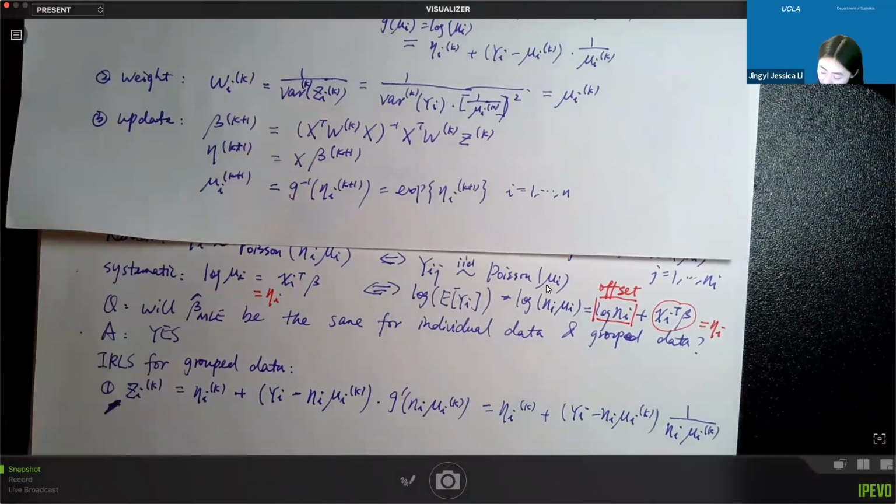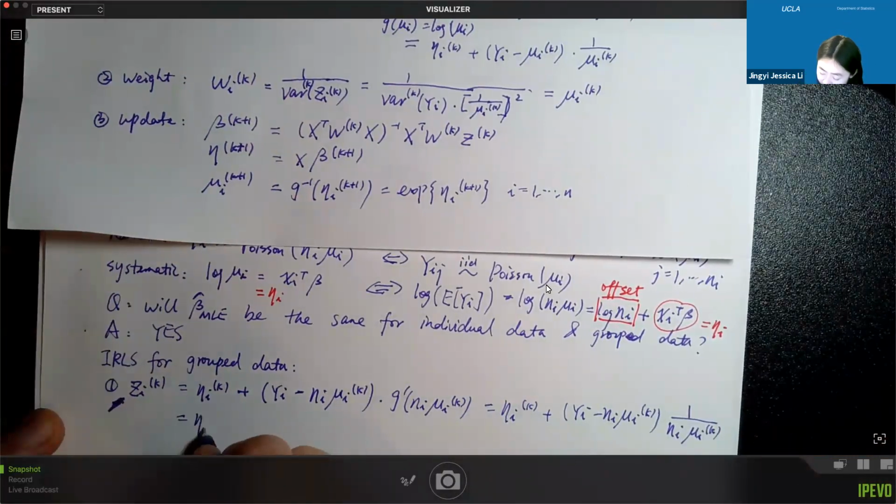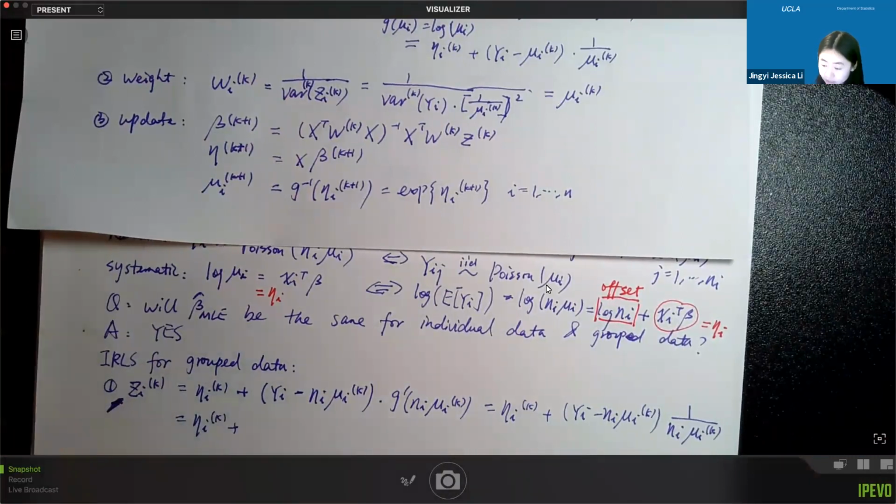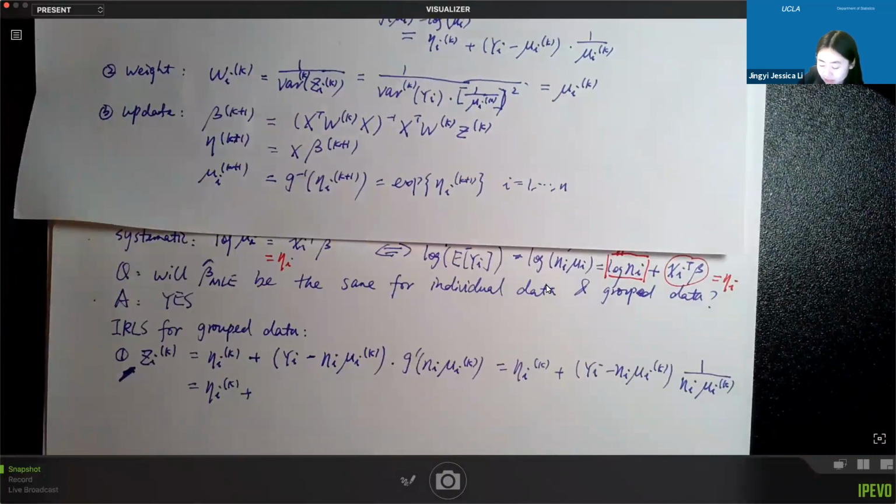What happens here is that eta_ik stays just x_i transpose beta. It's not for grouped data and doesn't have the n_i with it. It's just as if it's for one observation, just the one row times the beta.